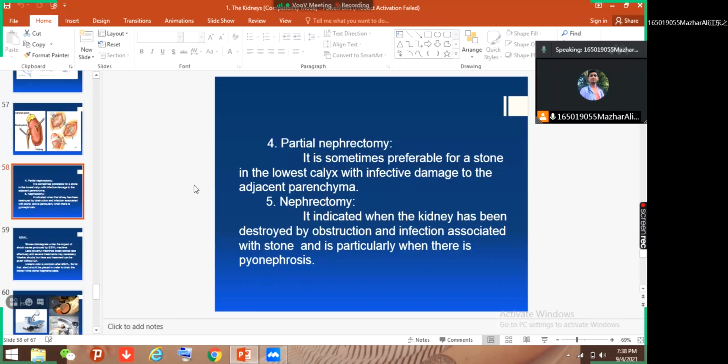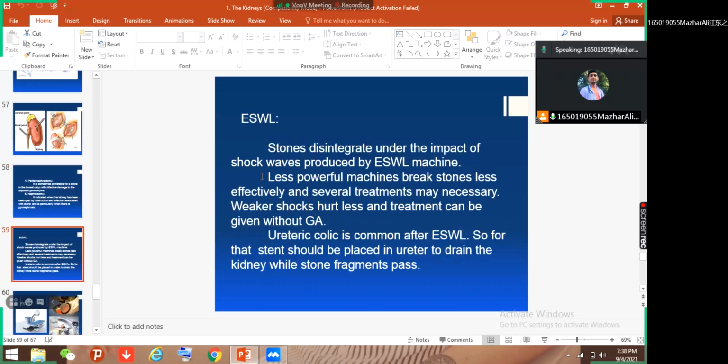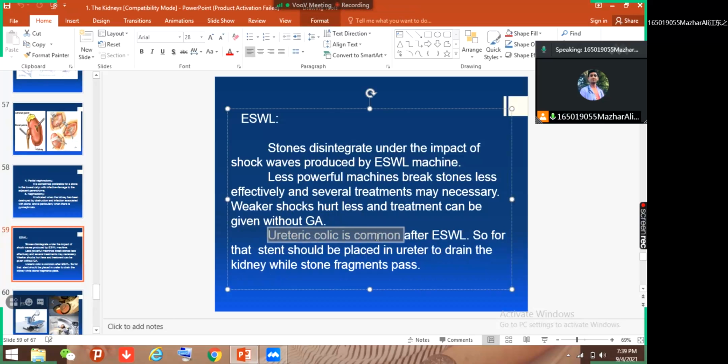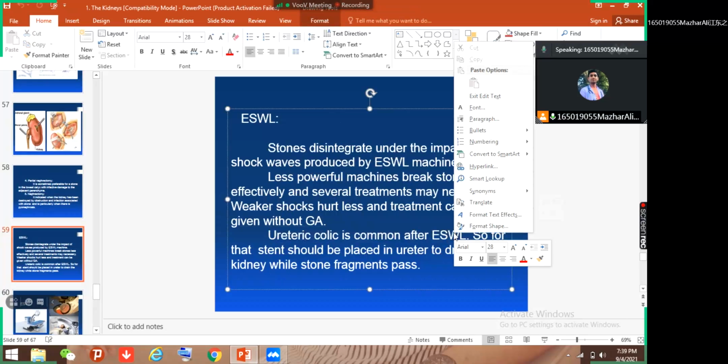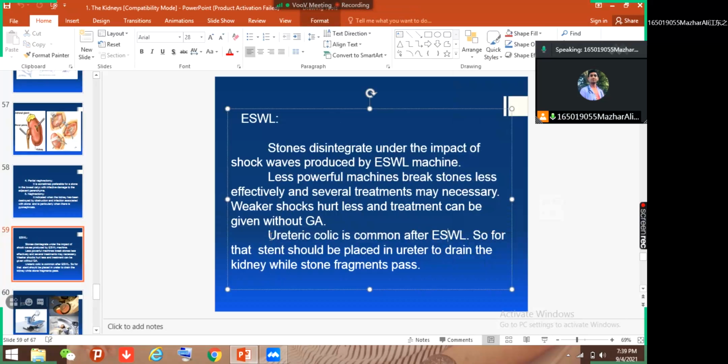Okay, this is the ESWL procedure we do. See, this is a very important thing. I would like to highlight it, and I will tell you the importance.